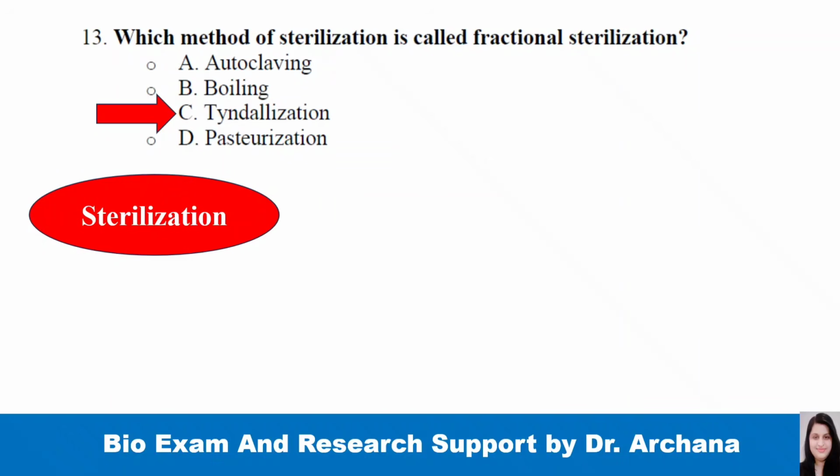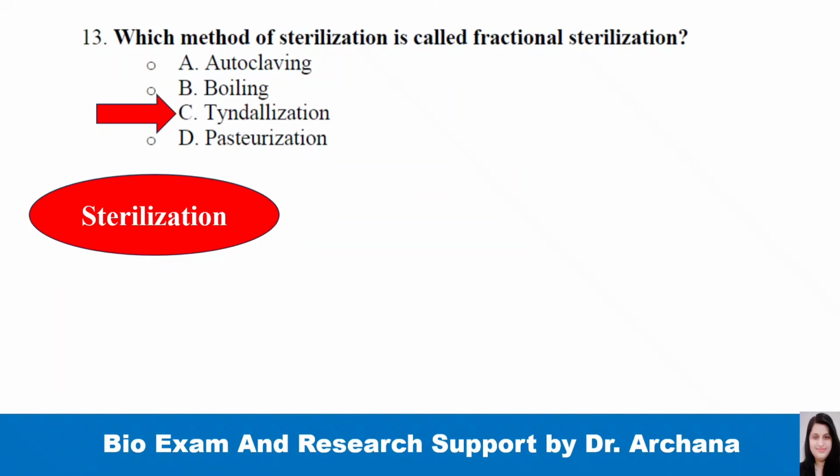Now, the next question says which method of sterilization is called fractional sterilization. So, these are the methods of sterilization wherein autoclaving uses high pressure plus steam in one step and not repeated cycles. Boiling only kills vegetative cells, not spores. And pasteurization is mild heating used for food safety like milk, not a complete sterilization.